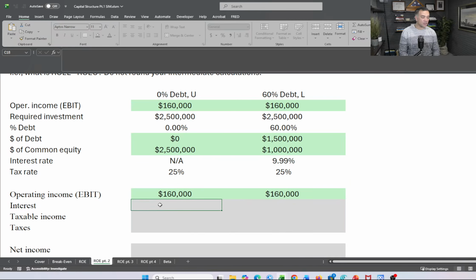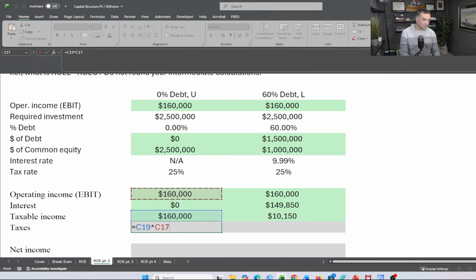It's the interest rate multiplied times the debt. And then taxable income is going to be your operating income minus the interest. And then how much are we paying in taxes? Well, it's your taxable income multiplied times the tax rate.